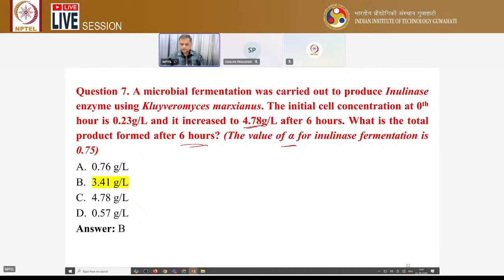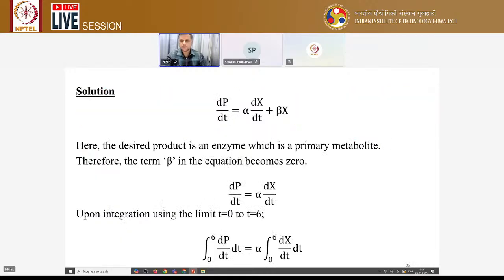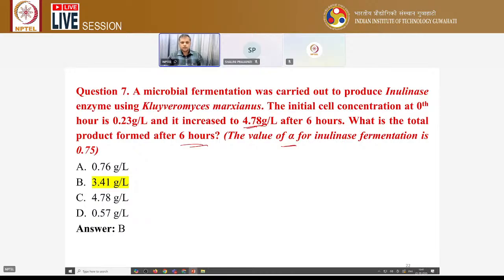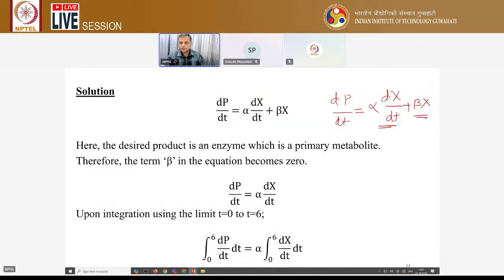It gives the value of alpha as 0.75. If you remember, we discussed that the rate of product formation, dP upon dt, has two parts. One is alpha dX upon dt, the growth associated part, and the other is beta X, the non-growth associated part. What it says here is a growth associated product, because along with the growth there is an increase in the product formation. So alpha is given to us. For the time being, we can ignore the beta part.